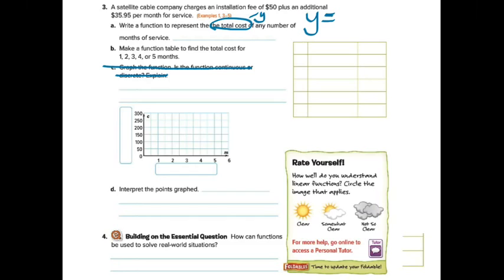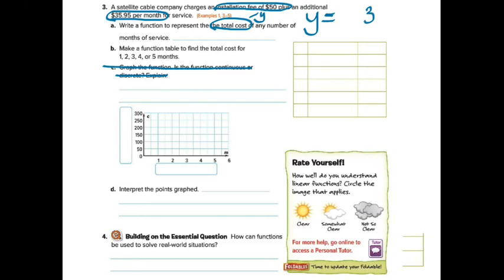My installation fee is $50 plus $35.95 per month. Anytime you see the word per month, per day, per hour, per anything, that's multiplication, like 60 miles per hour. If it's 1 month, it's $35.95 times 1. 2 months, $35.95 times 2. 3 months, $35.95 times 3.